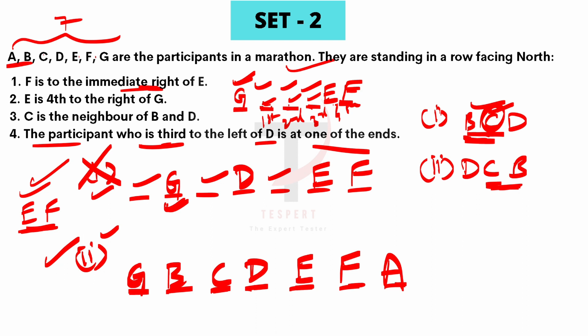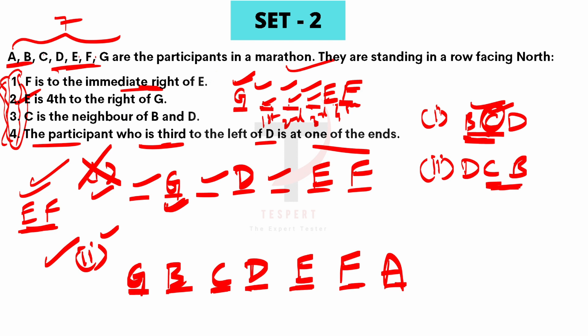So before arranging all these people, you have to do some rough work, and just adjust them, so that if they are adjusted and you do not get any problem with any of these statements, then you have solved it. If you get even a single problem with any of these statements, then you have made some error or mistake. So you have to look into that and rectify it. If every statement agrees, then your answer is correct.